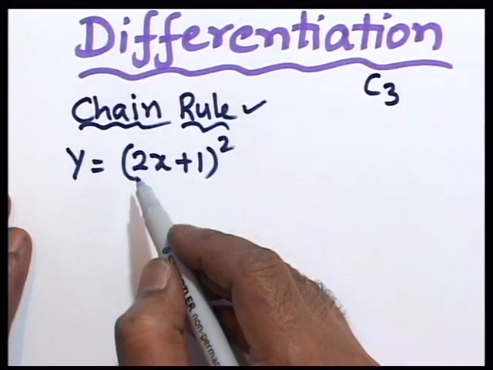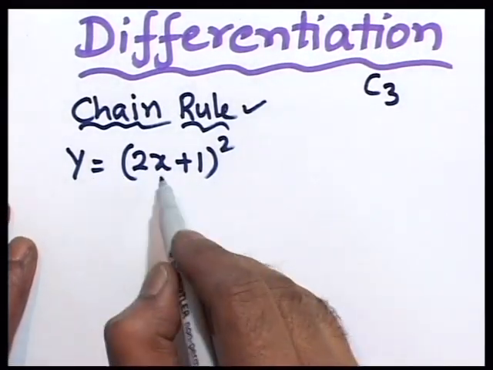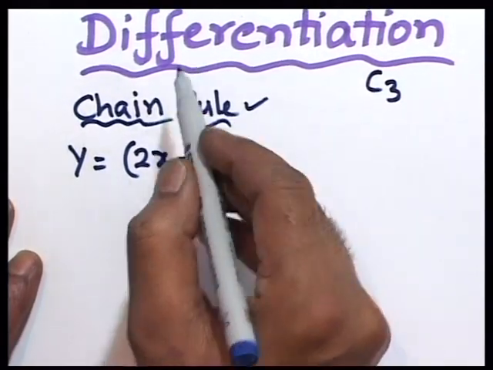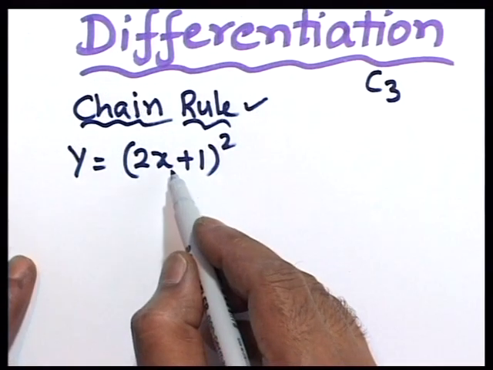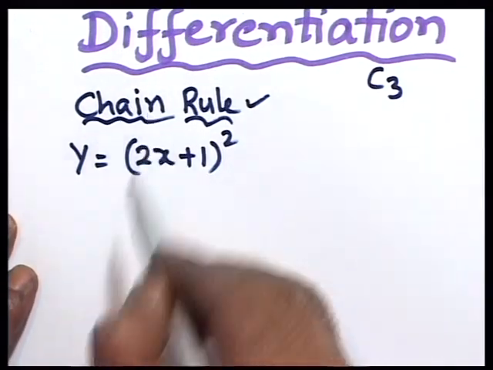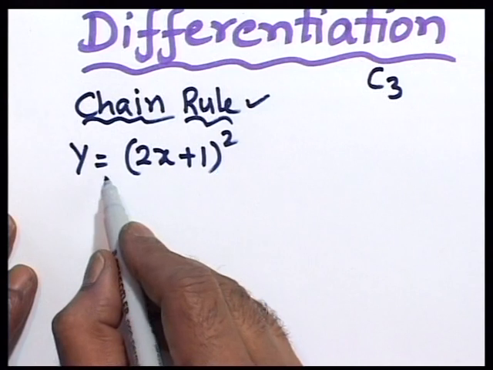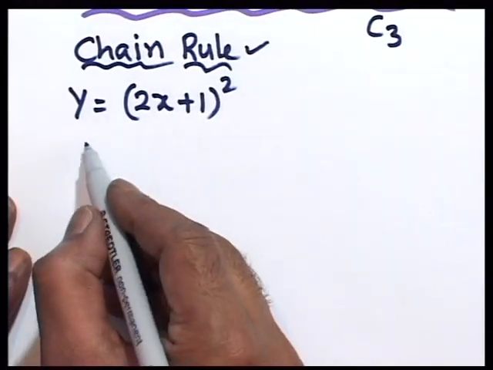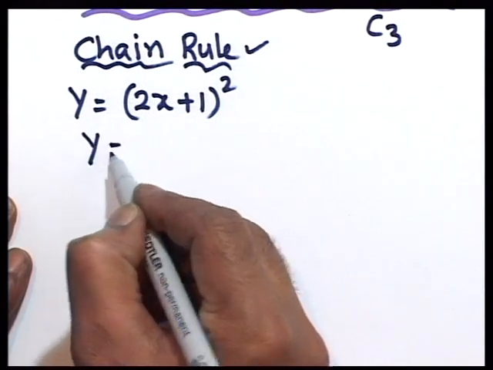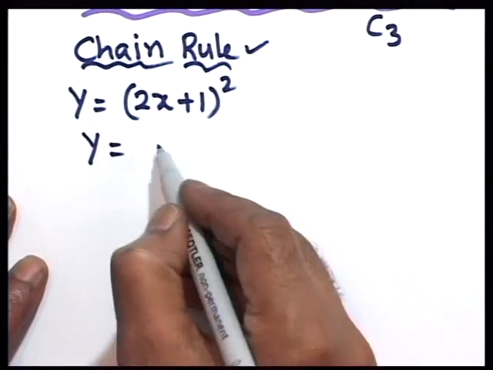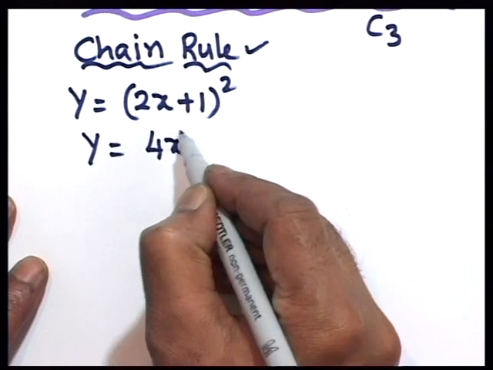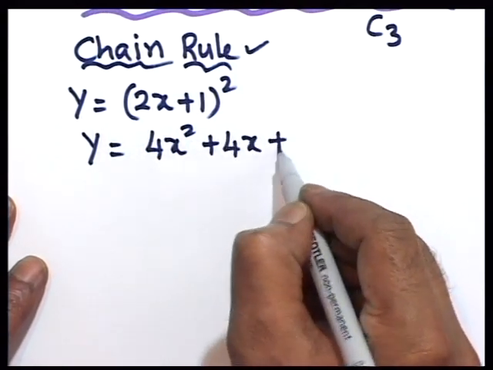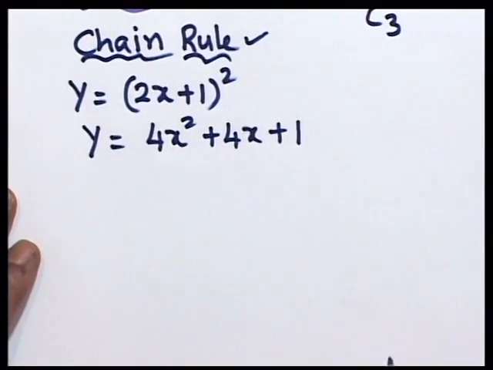There is a small question here which says y equals (2x + 1) whole squared. Our aim is to differentiate this with respect to x. Before applying the chain rule, let's do this using the C2 style that we know. We expand the bracket first, which gives y = 4x² + 4x + 1.